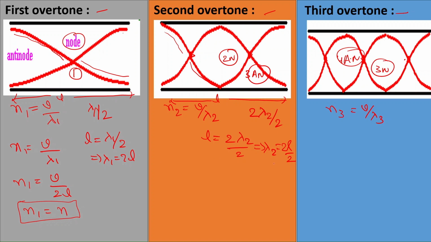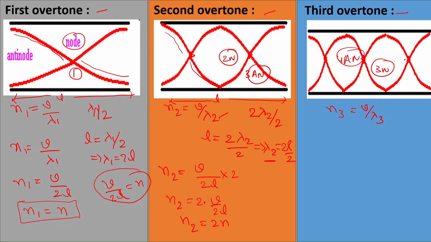By substituting this lambda 2 value, n2 equals v by 2L, and this 2 becomes multiplied. Therefore n2 equals 2 into v by 2L. But we know that v by 2L equals n, so n2 becomes 2n. This is the second harmonic overtone.